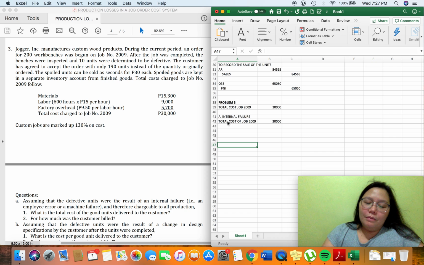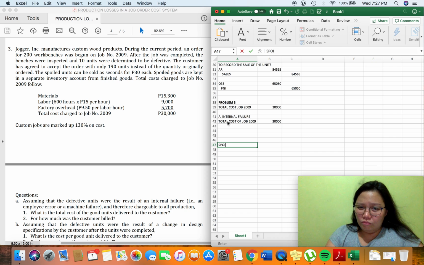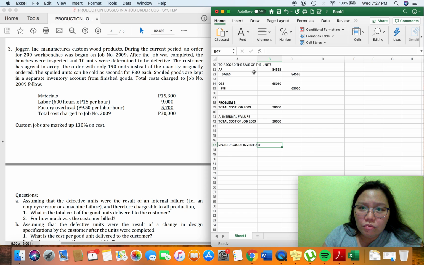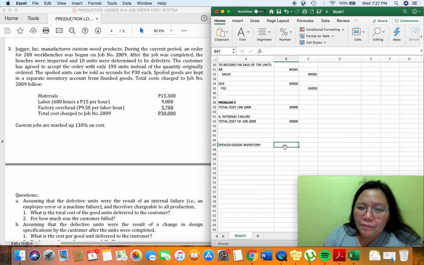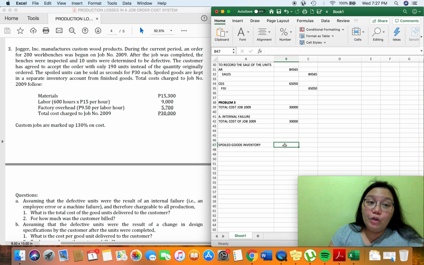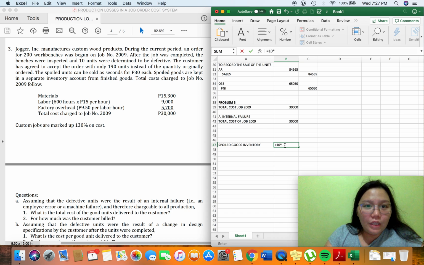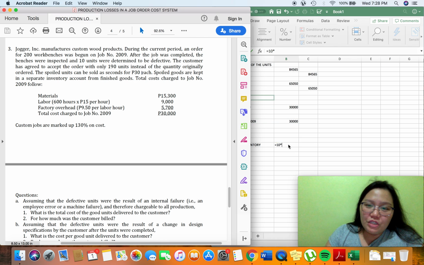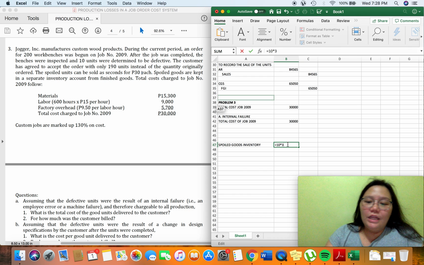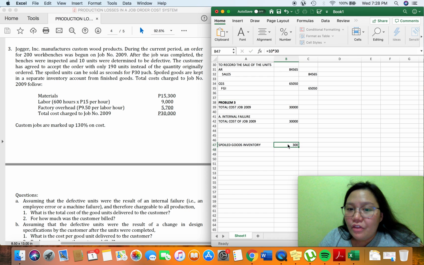So, ang mangyayari nito, we have to debit spoiled goods inventory, which is equal to the net realizable value of the spoiled goods. Okay? So, since we have 10 spoiled units and these spoiled units can be sold for 30 pesos each according to the problem, 10 times 30, we have 300.